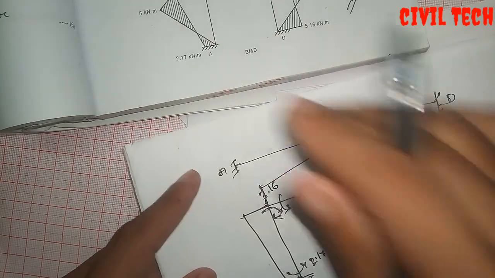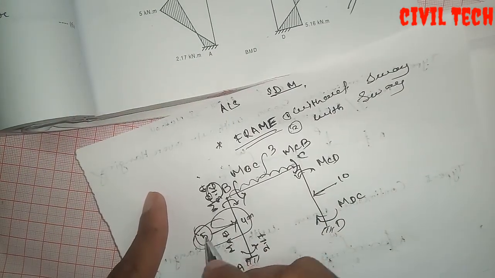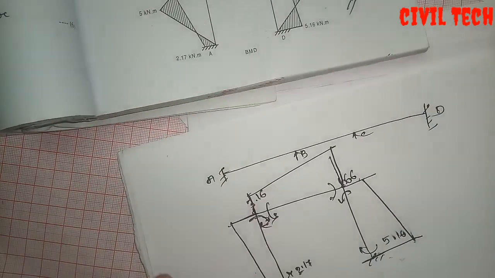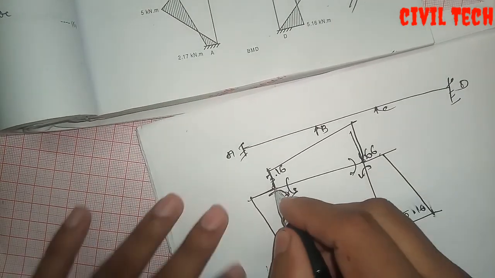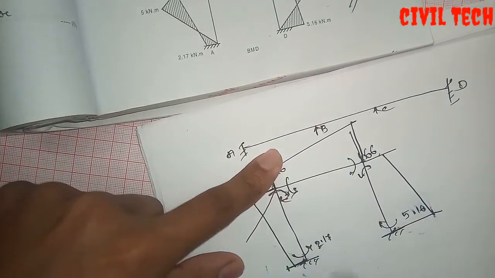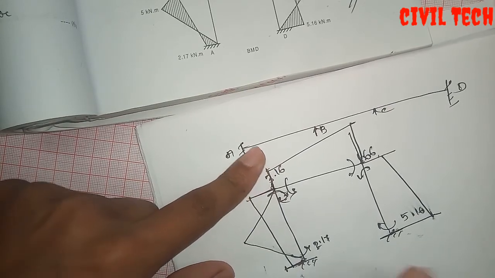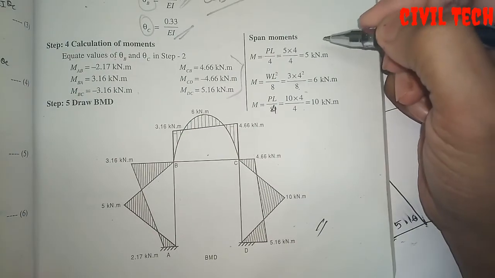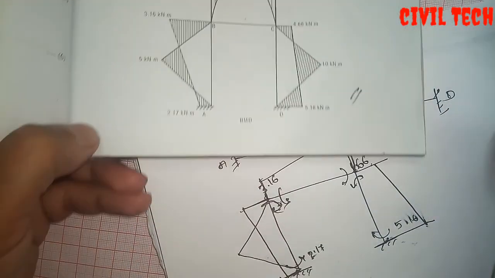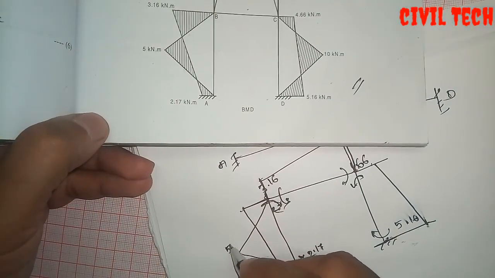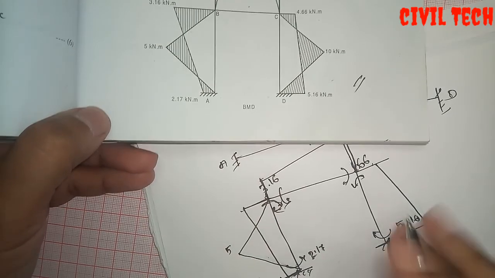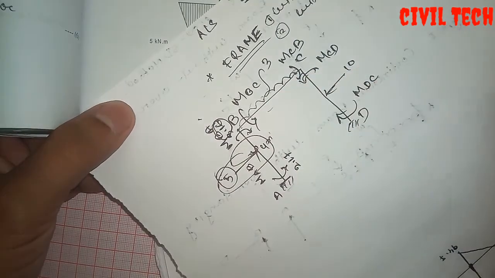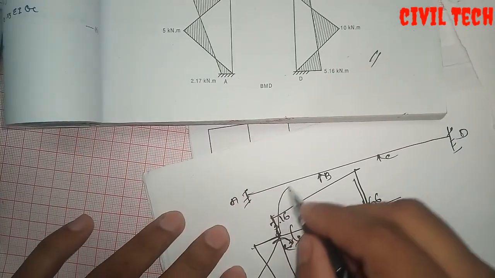Because of the point load, because of this point load 5 kN, here will be the free moment figure. We already calculated these values 5, 6, 10. This value will be 5. Okay, because of the UDL, this diagram will be like this.